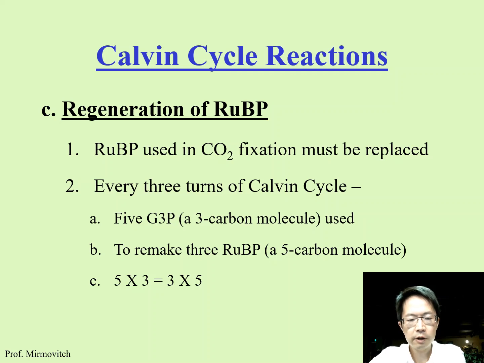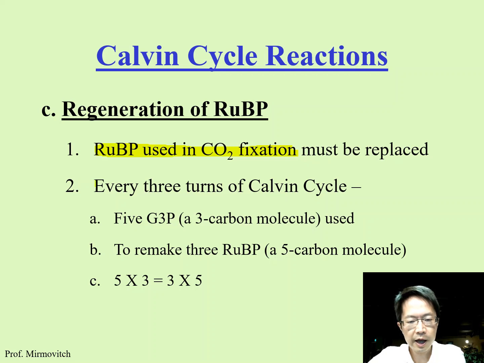At first we use RuBP in the carbon dioxide fixation. How do we regenerate RuBP? Remember from the last stage, carbon dioxide reduction, we make G3P. In other words, how do we generate RuBP from G3P?